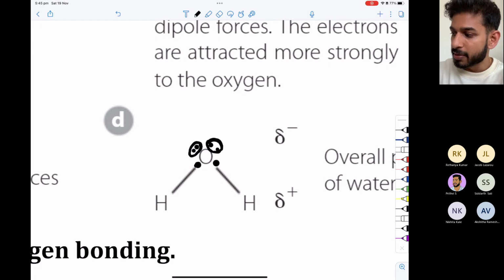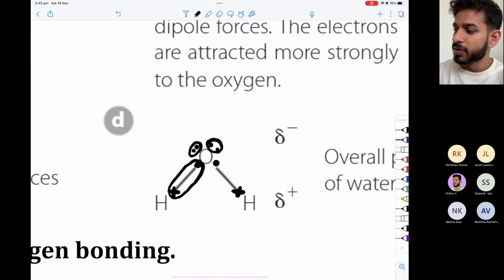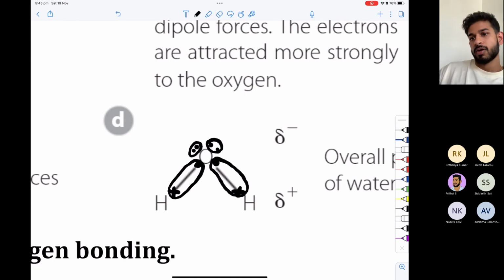And what ends up happening is when the oxygen combines with hydrogen, they share electrons. What kind of bond occurs when you share electrons? Britannia? What kind of bond do we get when we share electrons?